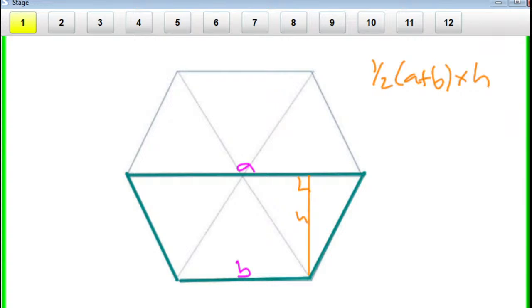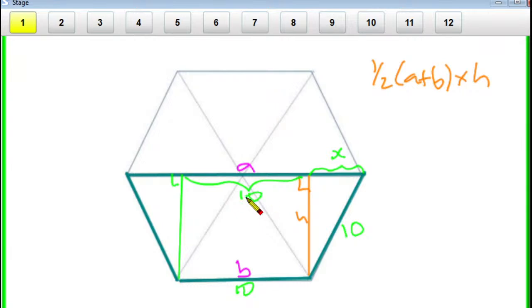The problem is, if we know that the length of the side of the hexagon is, let's say, 10, we now need to try and figure out a way of finding that length, and we obviously then need to determine h. Now we can use Pythagoras if we know the length of that side, and we do know that this down there will also make a 90-degree angle, and this will also be 10, which is fine.